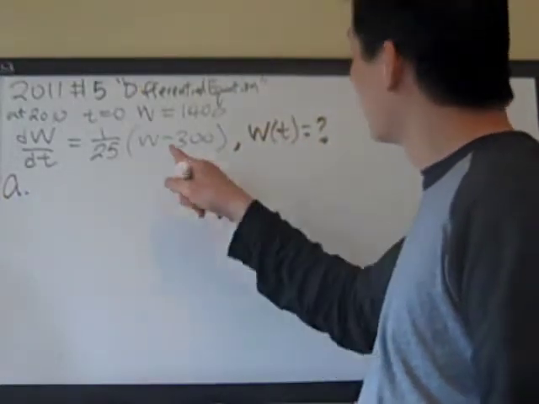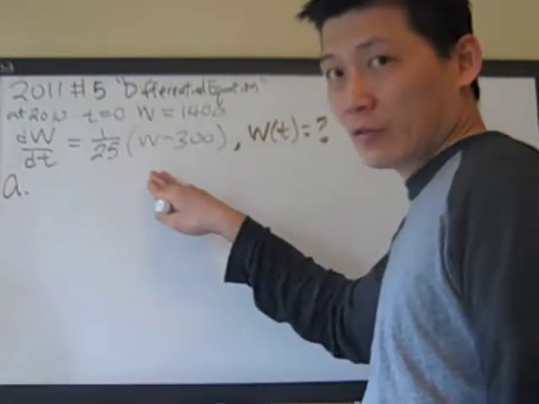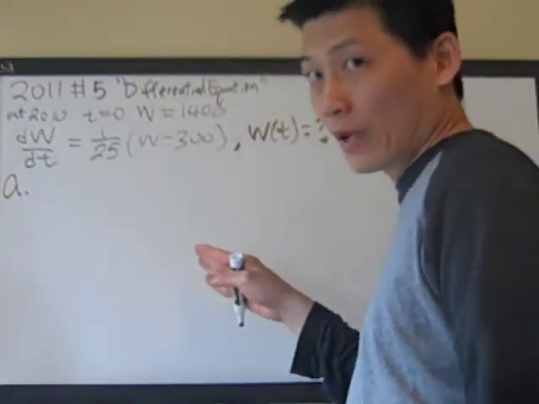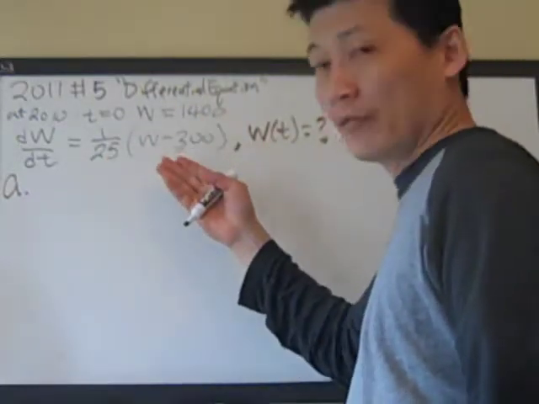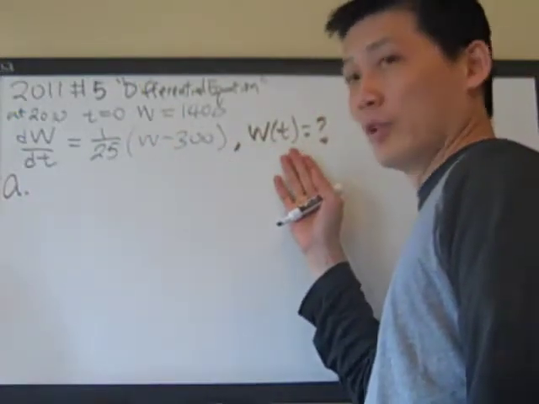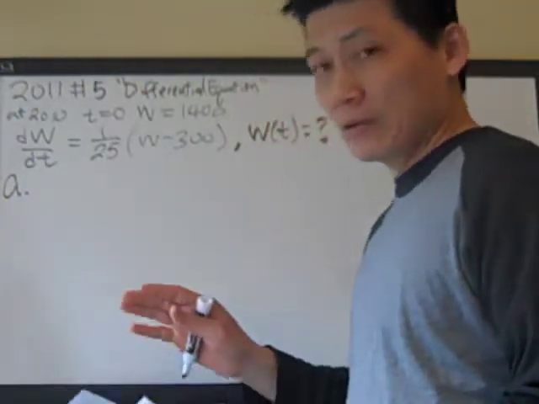Later on, we can solve this differential equation by separating the variables, integrating on both sides, and figuring out the integration constant, and voila, we have our W of t. But right now, the problem didn't ask for that.